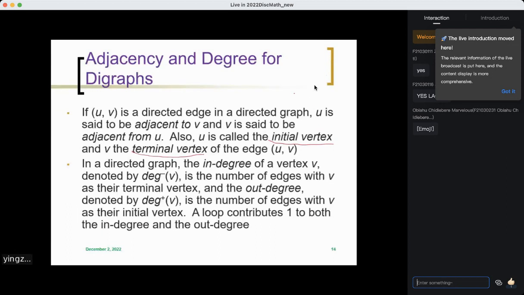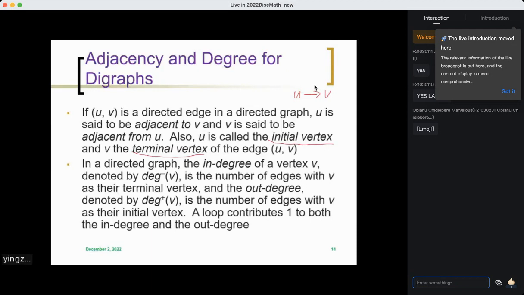Each edge has an arrow, going from U to V, so they are adjacent, but for the digraph there is a direction. The arrow begins from U to V, and the beginning node we call the initial vertex, and the end node we call the terminal vertex.